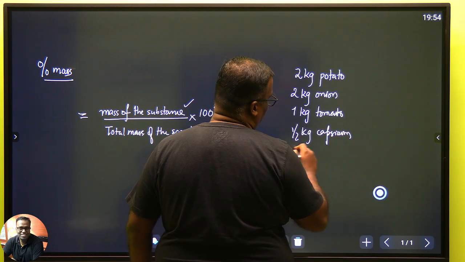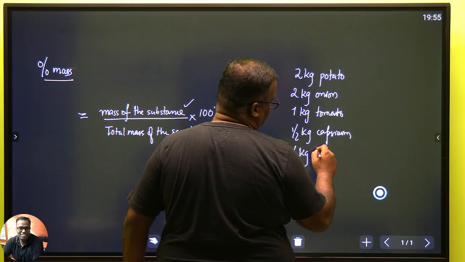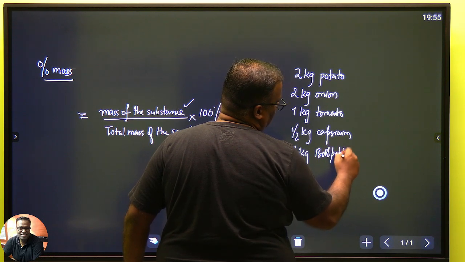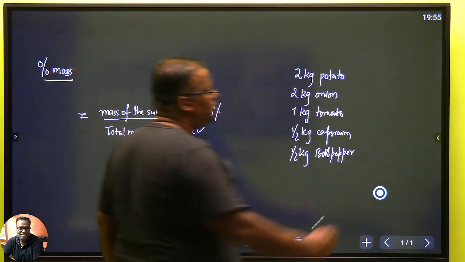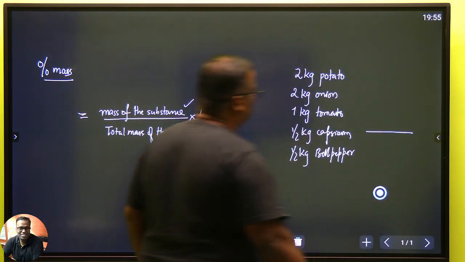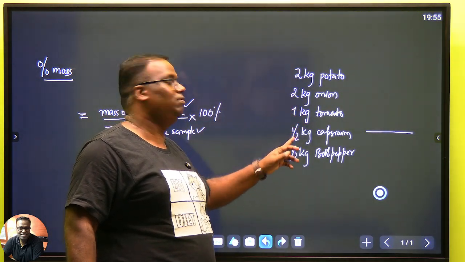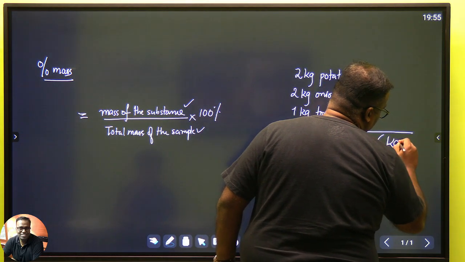And she also brought half kg, say, bell pepper. ठीक है, इतना कुछ खरीद के लाई. इसका बैग कितना भारी हो गया जरा मुझे बोलो तो. What is the net mass of our bag? 2 + 2 4 + 1 5 and 6 kg. So overall our girl is carrying 6 kg.